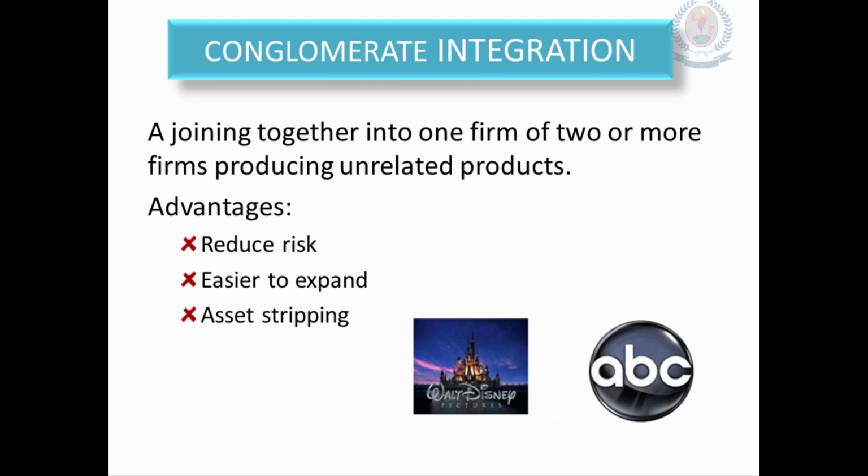Size gives a conglomerate more options to obtain finance to expand the business. Another one is asset stripping, because some companies specialize in buying other companies which they see as having more valuable individual assets. Here, the best example for the conglomerate merger is the Walt Disney Company and the American Broadcasting Company.